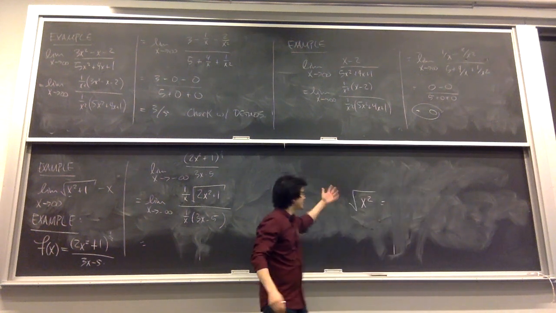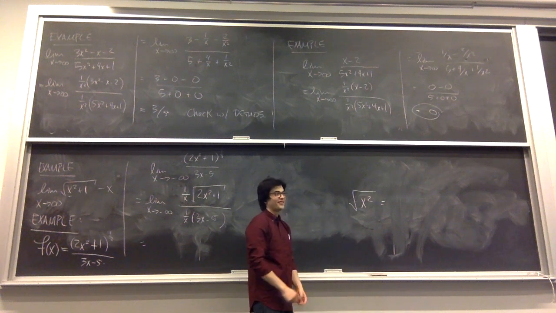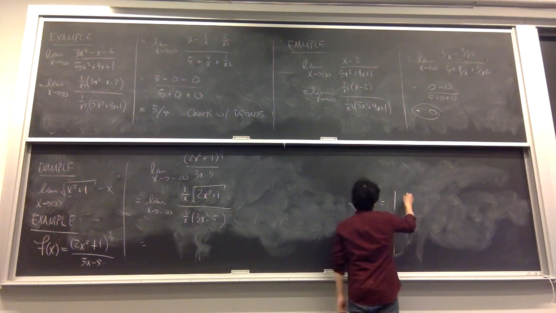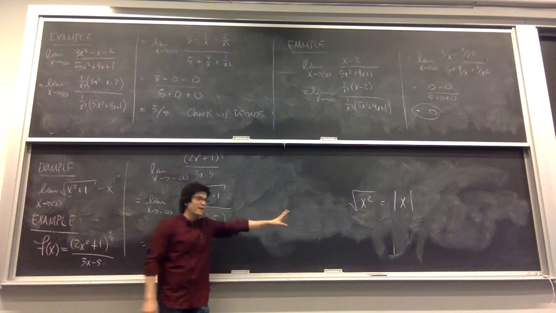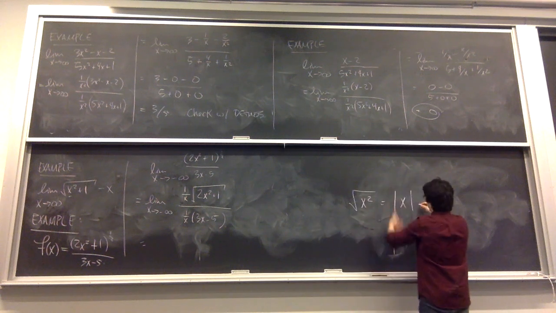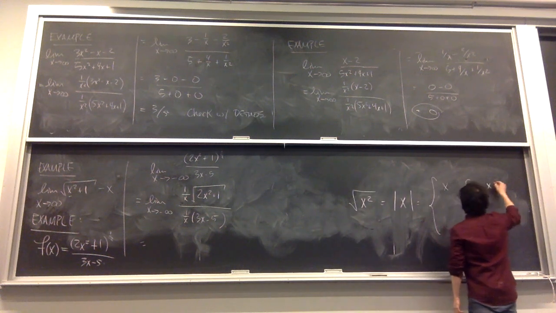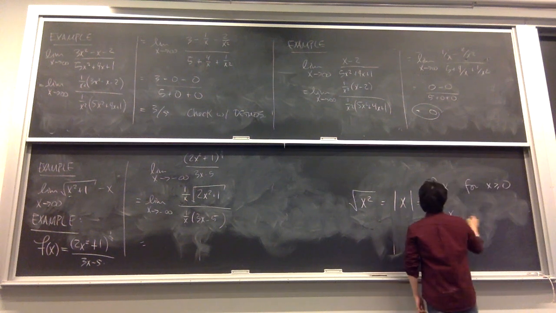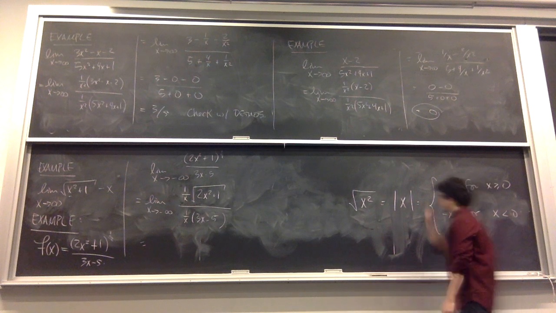What is this equal to? This is a new thing. You have to remember this. This is hugely important. So basically, this is equal to this, which is equal to this.